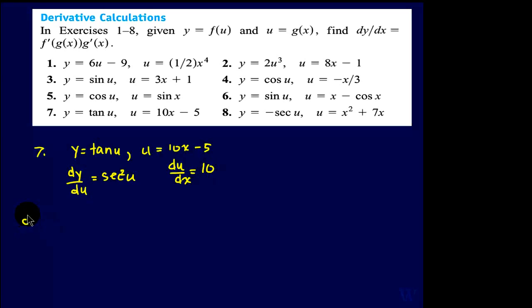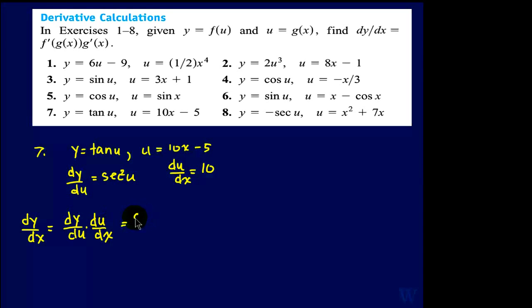So dy by dx is equal to dy by du times du by dx. So all we do is just substitute the rest. So it's secant squared u times 10.